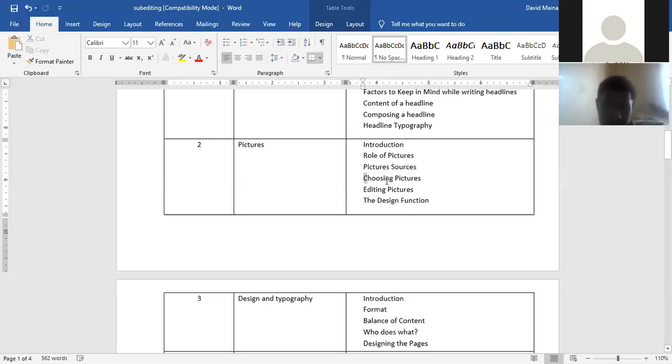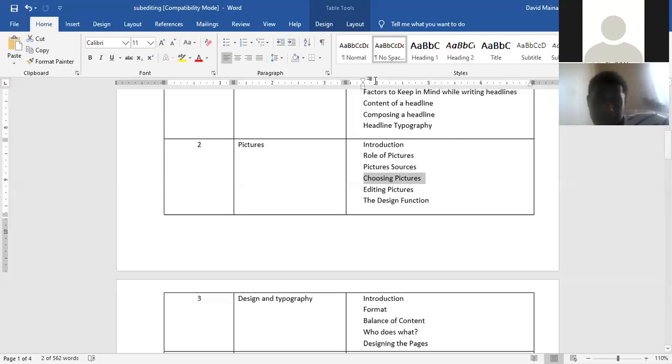Then choosing pictures, what are the factors that are considered when you are choosing pictures? Kwa mfano ninataka kuandika story kuhusu tuseme kwa mfano, I'm talking about coronavirus, and I want to show how many people have died, etc. I want to show some kind of statistics.